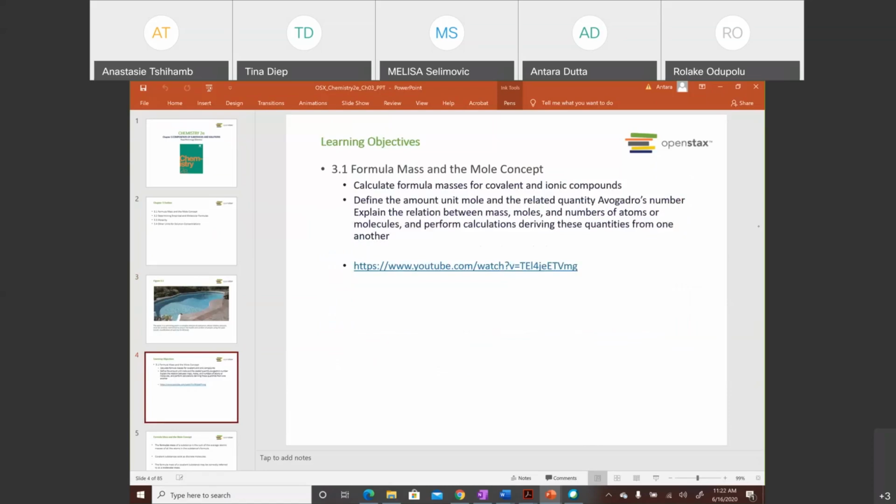People think that mole means something on the skin, but we define mole as a unit. In chemistry, a mole is one of the units that represents a collection of a very large number of particles. If you have 6.02 times 10 to the 23 particles, meaning atoms, molecules, or ions, that collection should be called 1 mole.